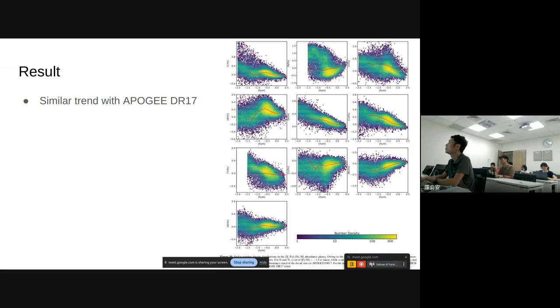The red line is the trend of APOGEE DR17, and those dots are the predicted results of this experiment, which we can see that the yellow area is more dense.